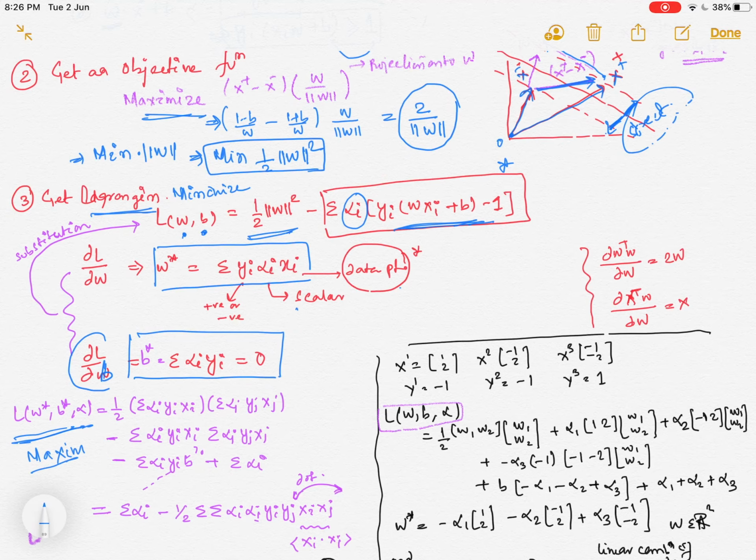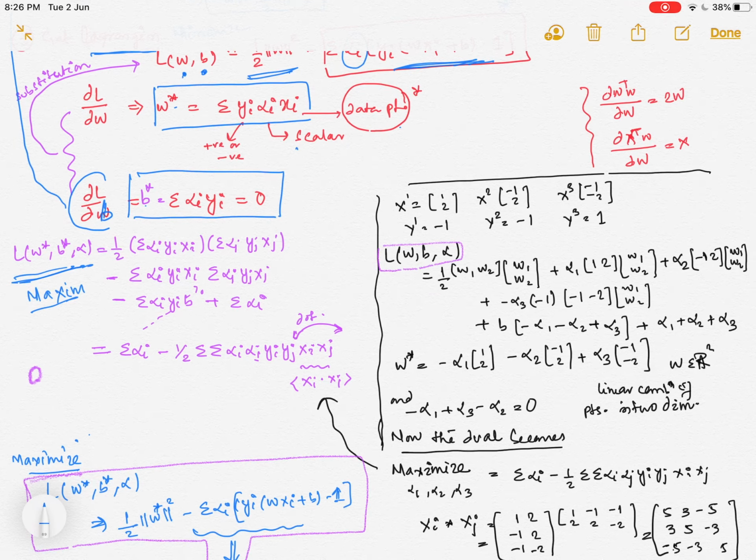Now let's substitute this w star and b star into the objective function, and the objective function will turn out to be sigma alpha i minus the double summation of alpha i alpha j yi yj xi xj. Now xi xj is the critical point in SVM. Once we try to minimize or maximize the Lagrangian function, or our objective of increasing the width between the street, it is nothing but taking the dot product of the data points that are given.